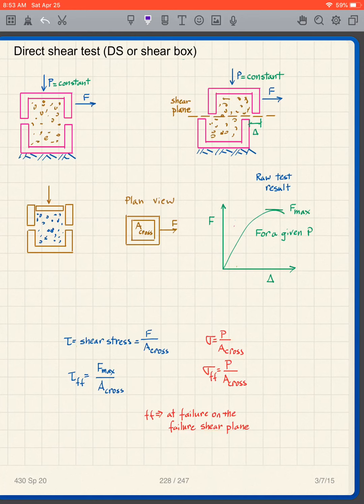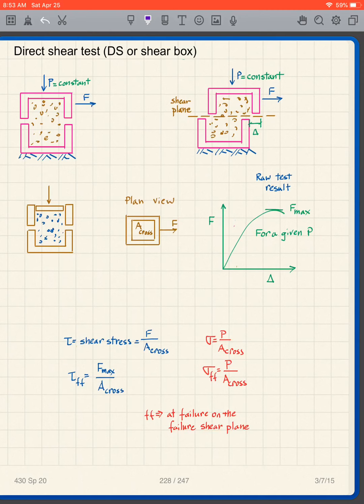Now, we have to remember we keep the P constant. This is a little bit different. It looks like a stress strain curve, but we don't have this P issue when we run a tensile test on steel, for instance, but in soil mechanics we do. So we choose a P, we keep it constant, and we get a certain F max. If we chose a different P, we would get a different F max.